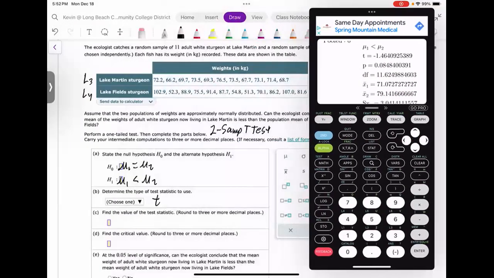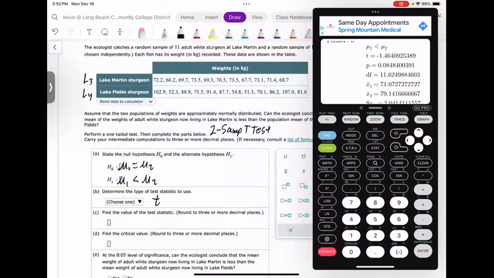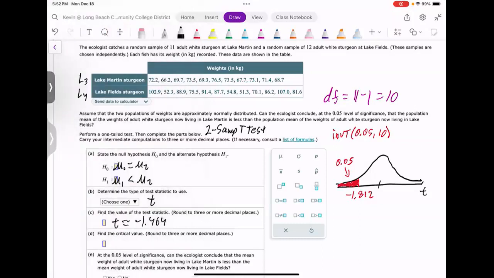So let's see what we have. There it is. So t is about negative 1.464. Our critical value we already got, about negative 1.812.